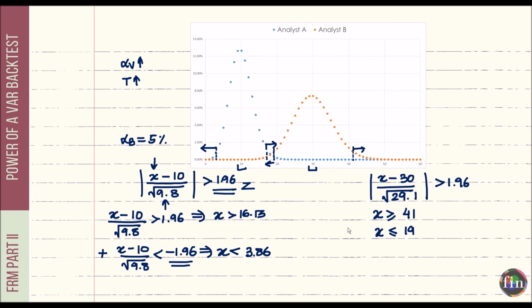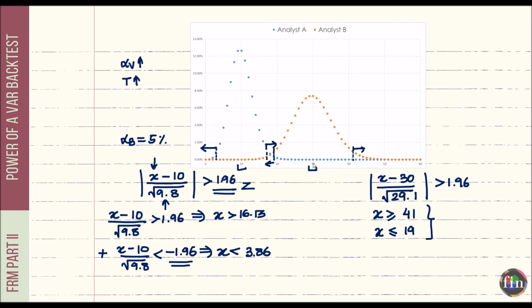So where is analyst B placed relative to analyst A? Analyst A could have ended up rejecting his model provided the number of exceptions was 0, 1, 2, or 3, and on this side if it was 17, 18, 19, and so on. On the other hand, take a look at analyst B. The number of exceptions you are giving him to play around with is much more.